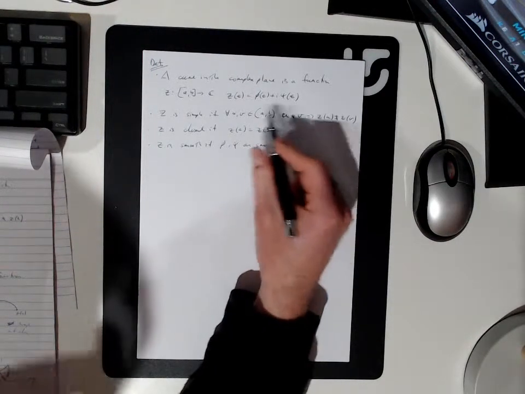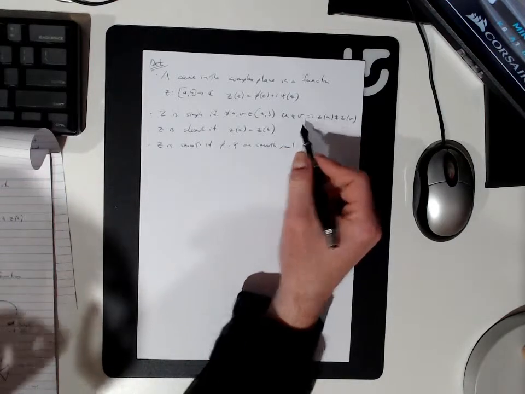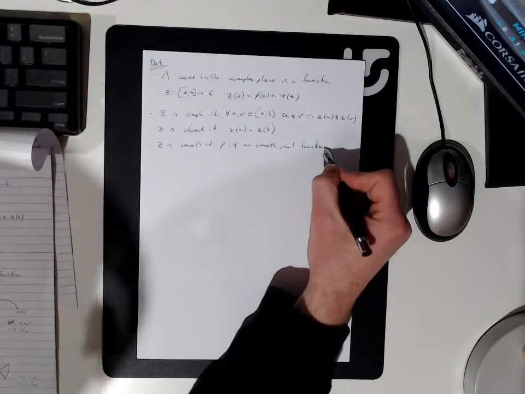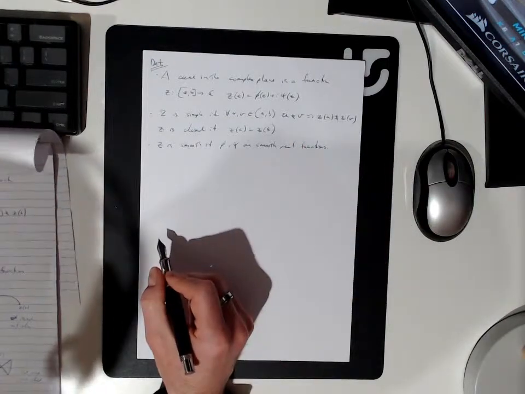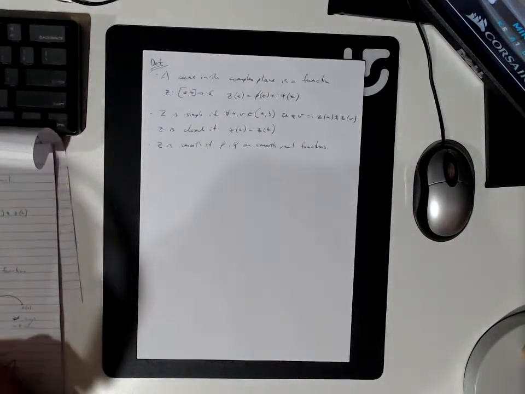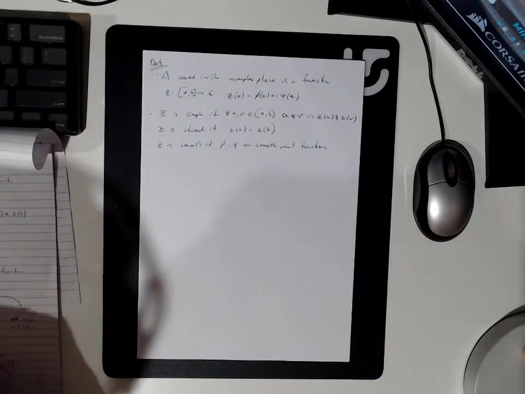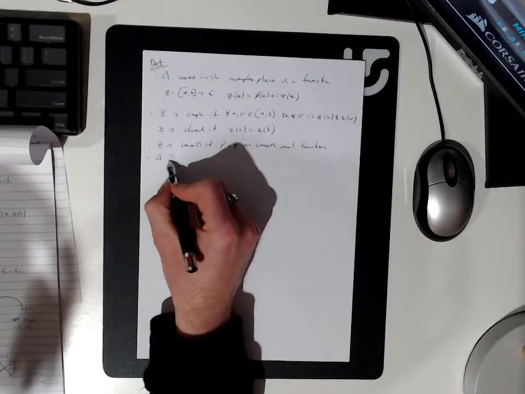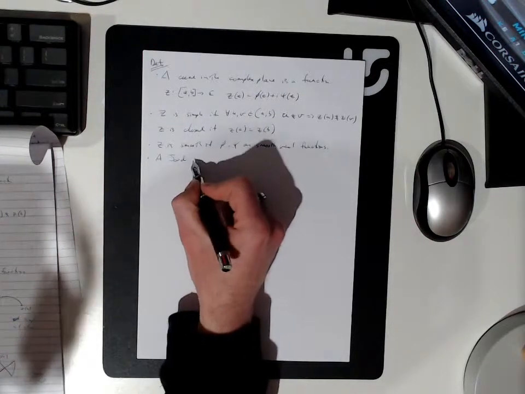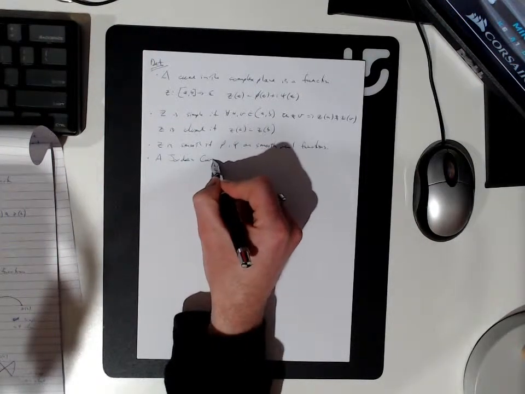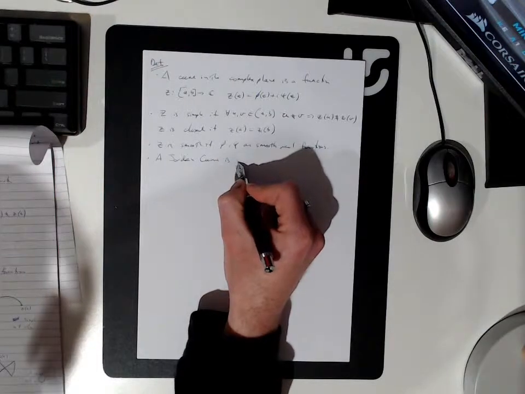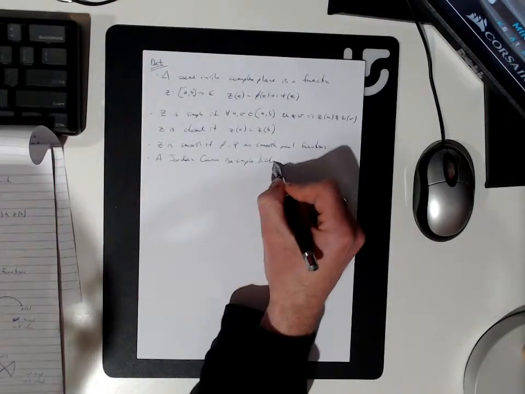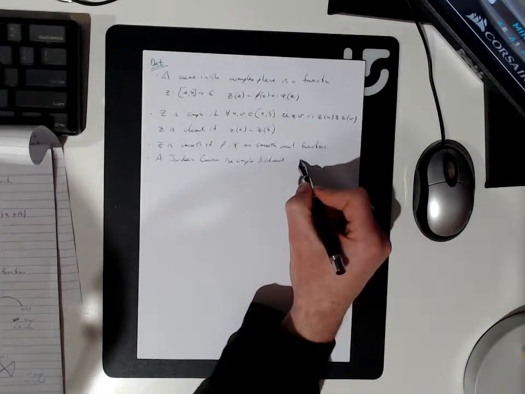Of course, phi and psi go from the real numbers to the real numbers, so we know what smooth means for them. And a Jordan curve is a simple and closed curve.